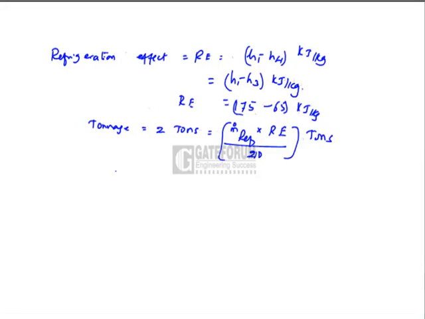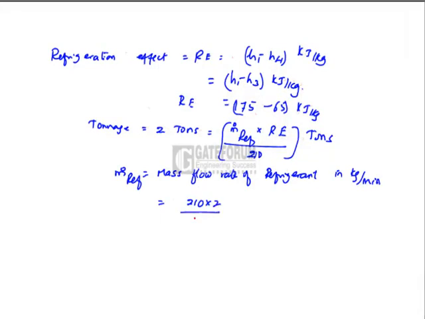From this, the mass flow rate of the refrigerant in kg per minute is equal to 210 into 2 divided by RE, where RE is 175 minus 65. We got the mass flow rate in kg per minute.